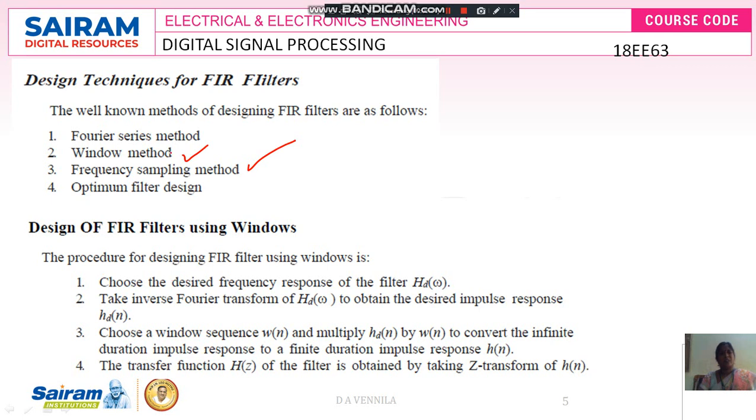Now the window method is nothing but multiplying the infinite sequence with a finite window sequence in order to get the finite impulse response.